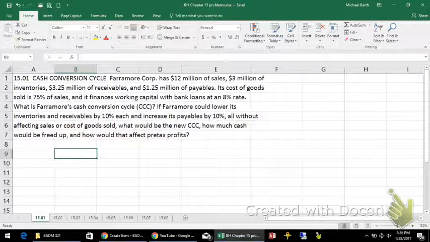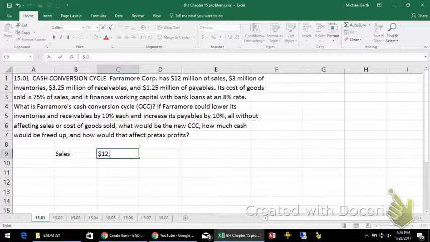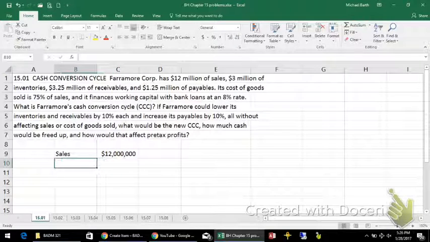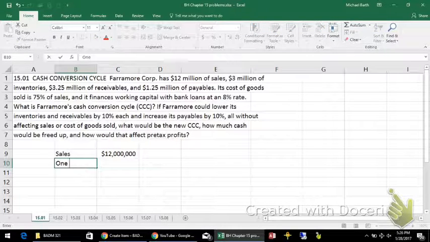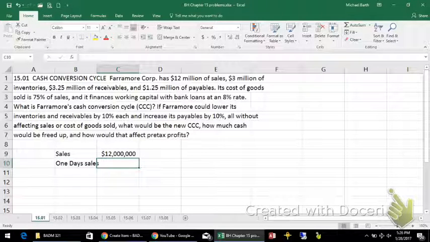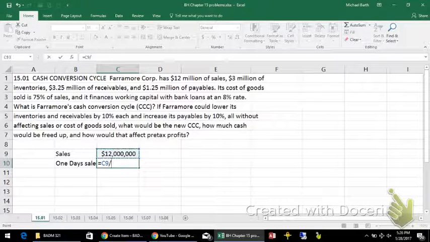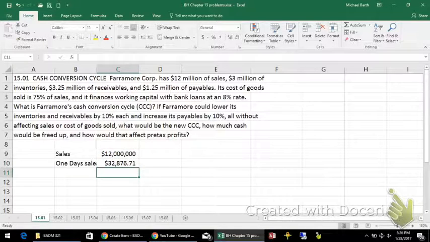All right, let's start by writing what we know. Sales are $12 million. And to convert the cash conversion cycle, we need 1 day's sales as well. So that divided by 365 is 1 day's worth of sales.